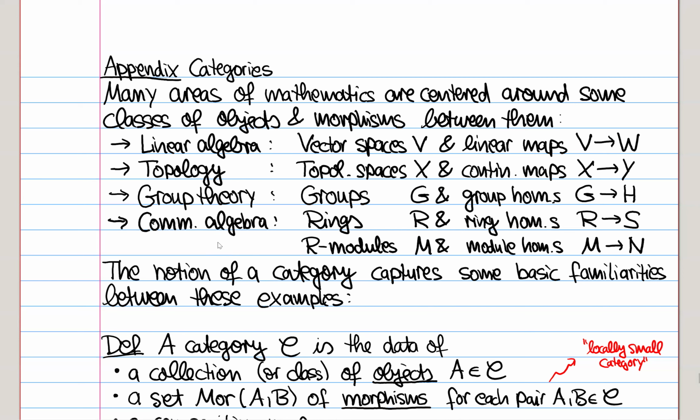And in the commutative algebra lecture, we had both rings and ring homomorphisms, and R modules and R module homomorphisms between them. So in all of these cases, we had some kind of gadget and then some kind of map between them, which had good properties. And the notion of a category captures some basic familiarities between all of these different examples.